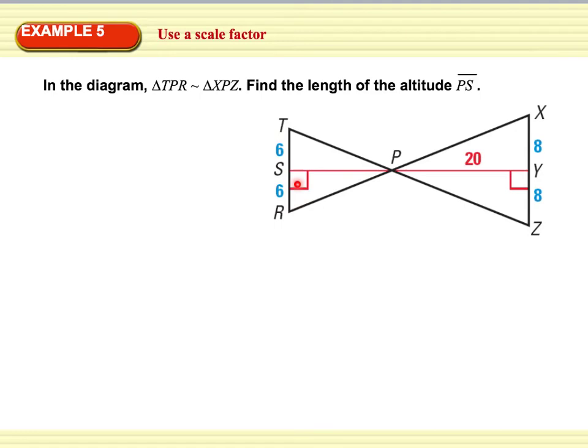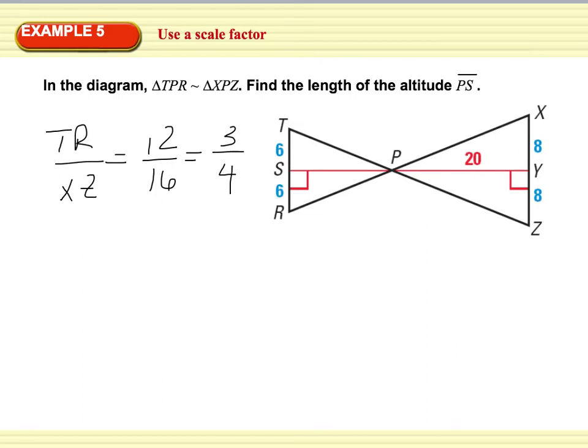Okay, first let's figure out the scale factor of TPR to XPZ. I'm just going to do XTR over XZ. I get 12 over 16, which simplifies to 3/4.